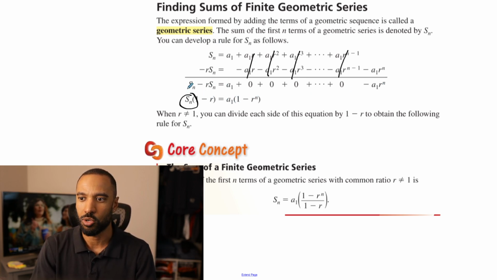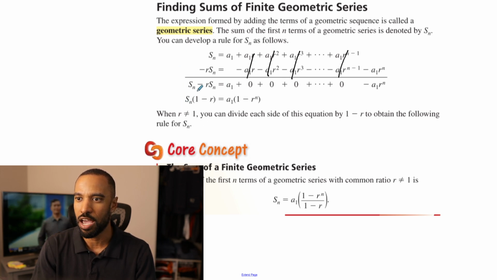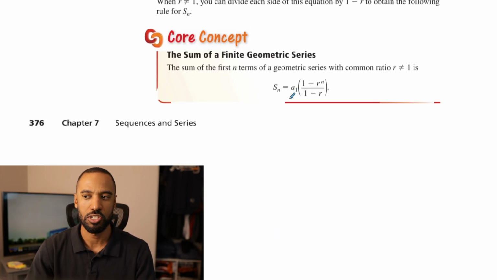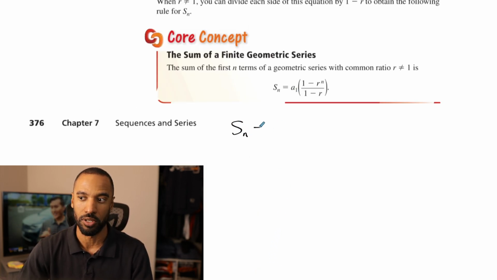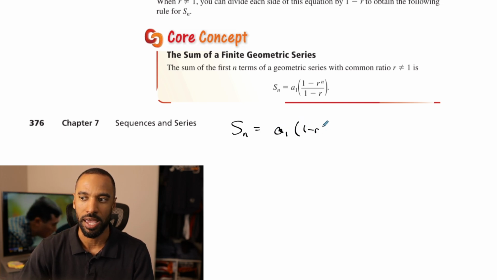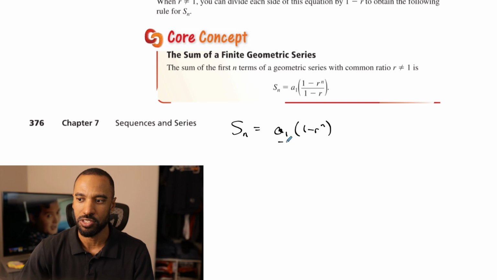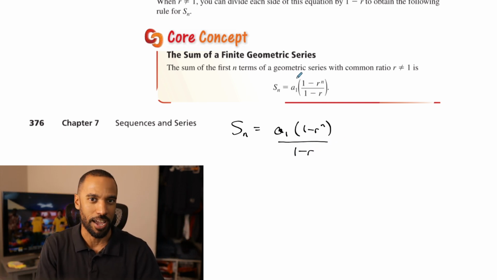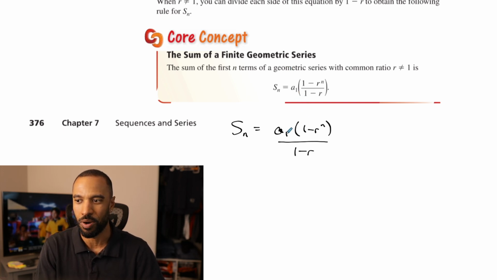When you factor out S sub n from both terms here, you have a 1 minus r inside there, and when you divide both sides by 1 minus r, you get this formula here. Now, I write it pretty much the exact same way. I just have the a sub 1 written on top as a whole. I don't know why. So if you see me write it like this, apologies. This is fine. There's no problem with either one of these.